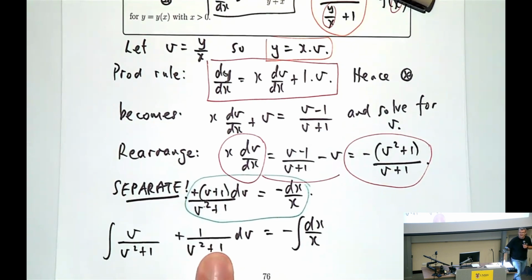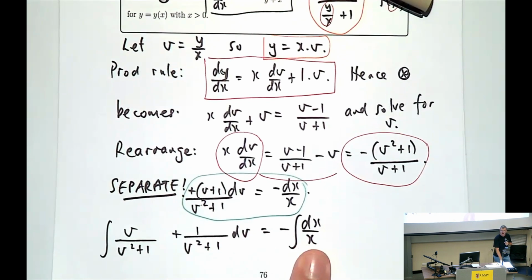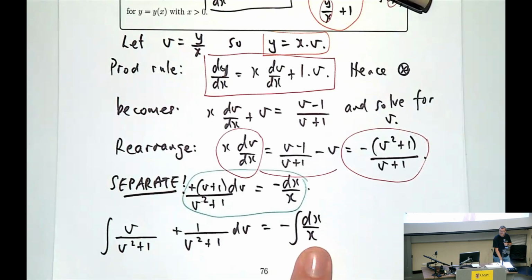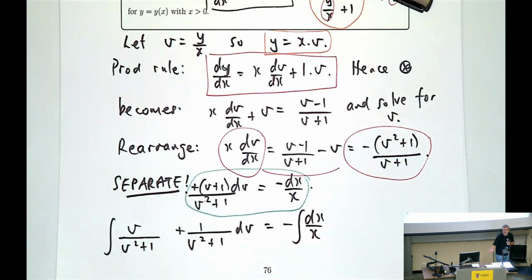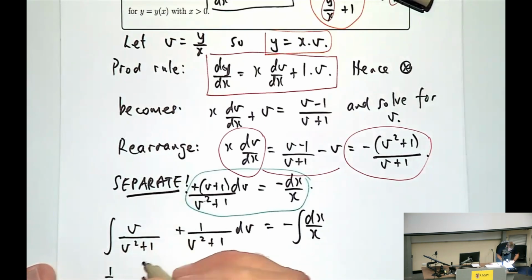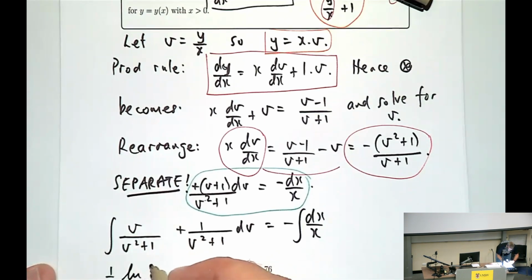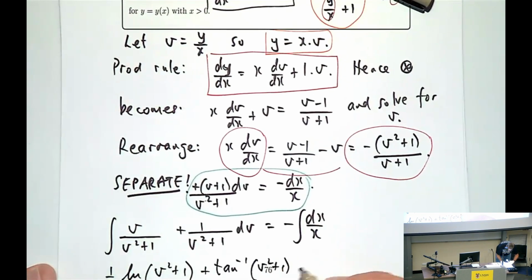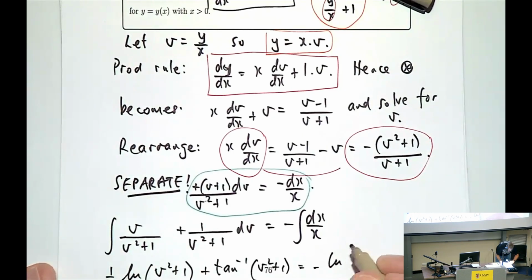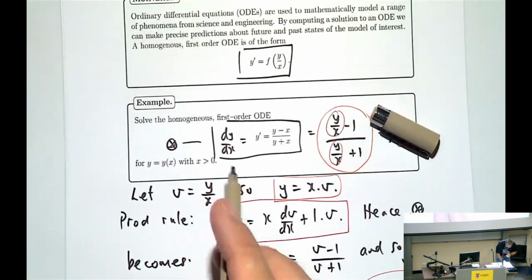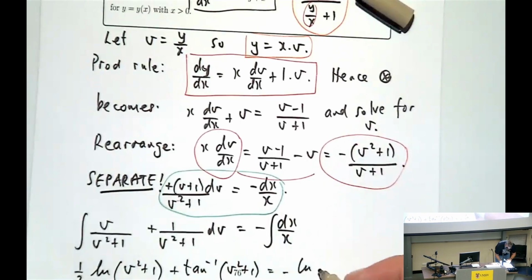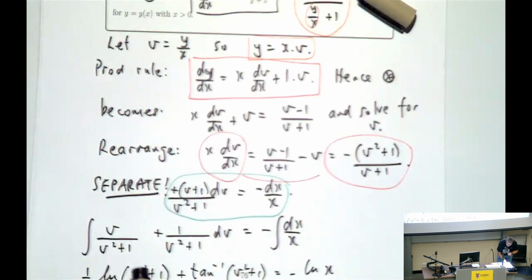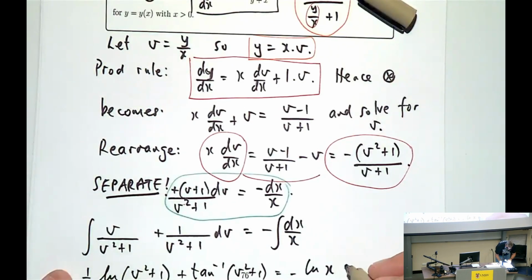Tan inverse? What about that one? Log? And then a constant, right? So over here, now x is positive, so I don't need to worry about absolute values here. And this is always positive, so I don't need to worry about absolute values there.